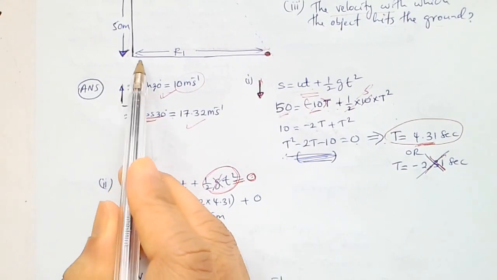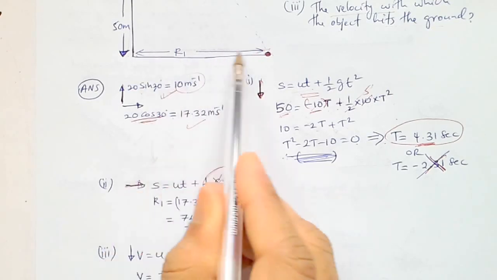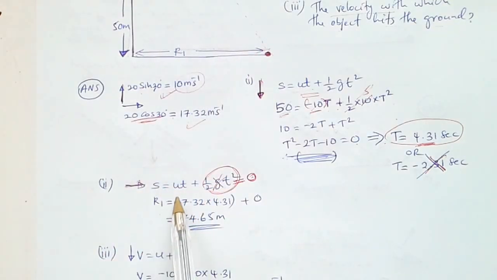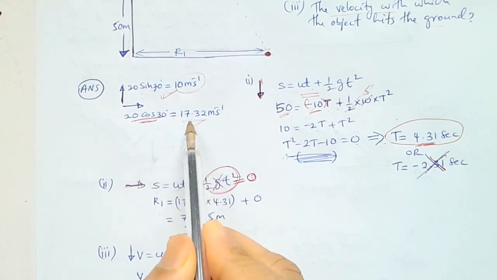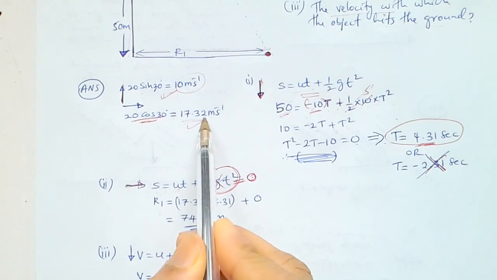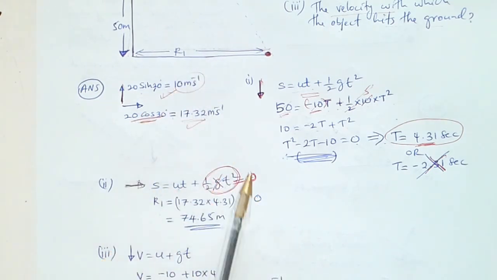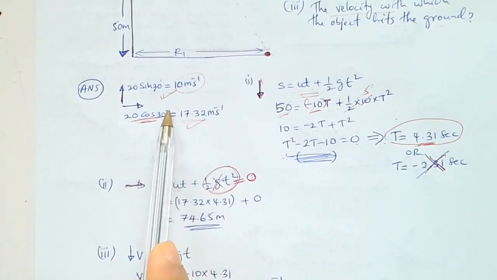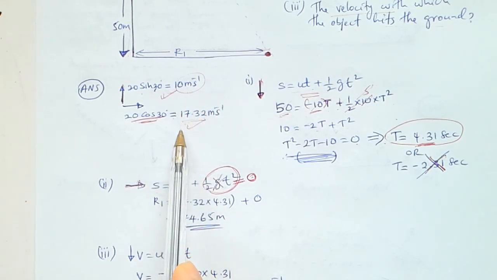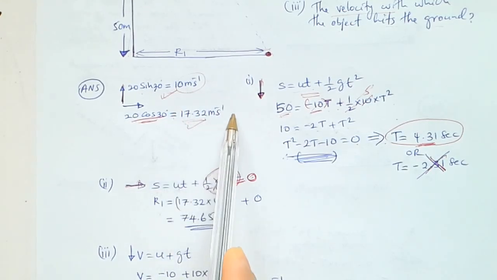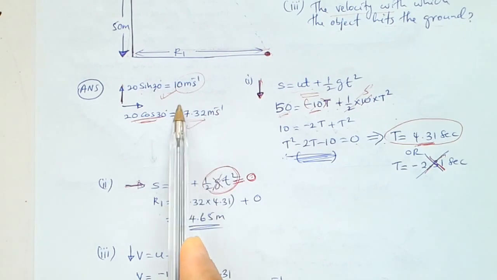Let me say this total range is r1. So r1 is equal to the initial speed in the horizontal direction, which is 17.32, and we said this horizontal component doesn't change at all because there are no forces or acceleration in this direction.